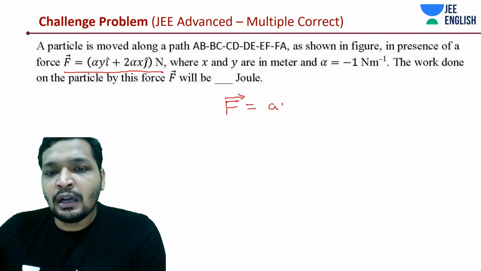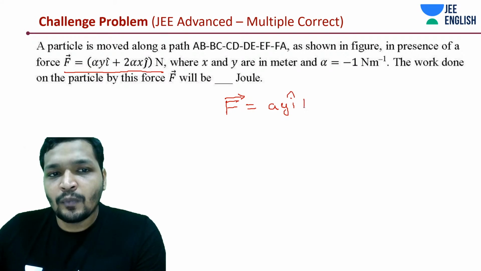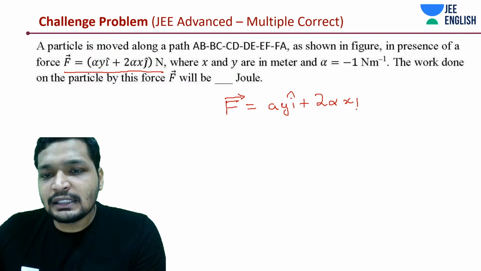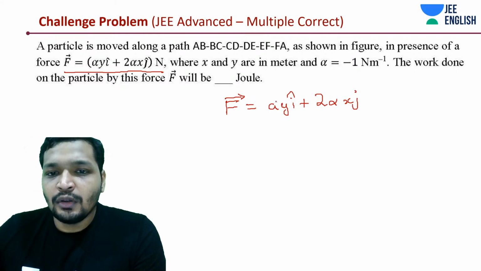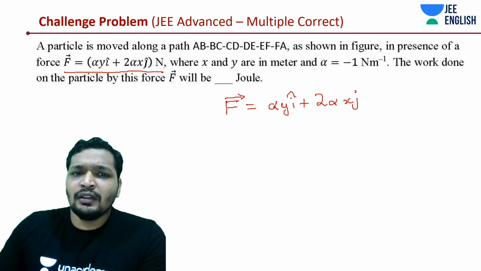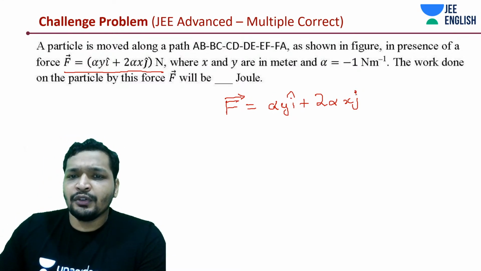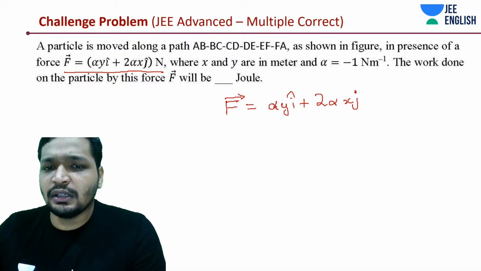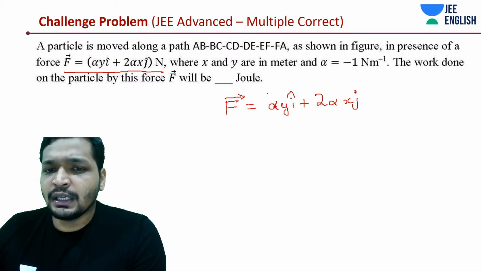So alpha y i cap plus 2 into alpha x j cap. Notice this thing. This is crucial. Don't make a mistake in this.